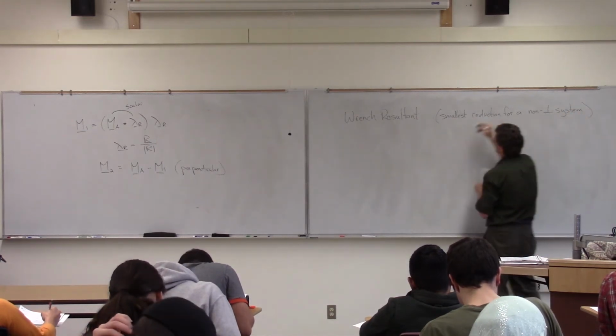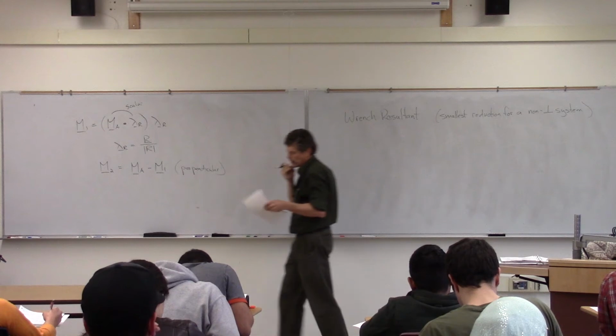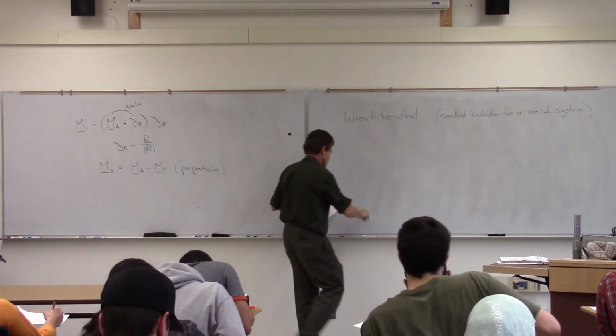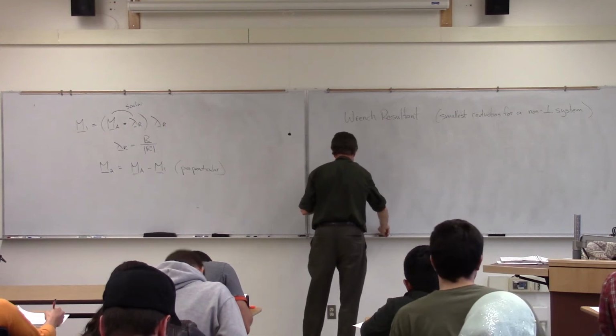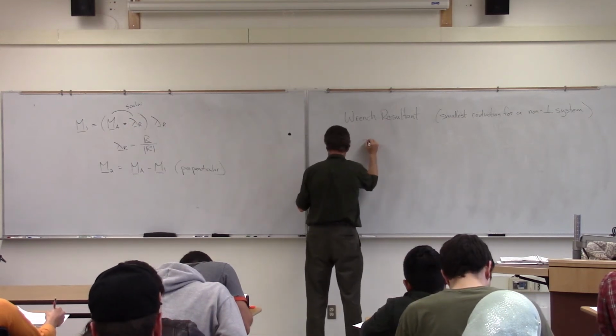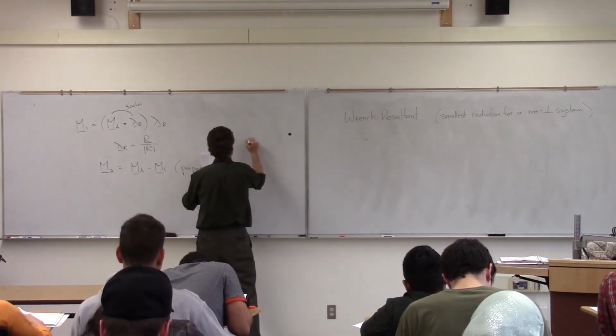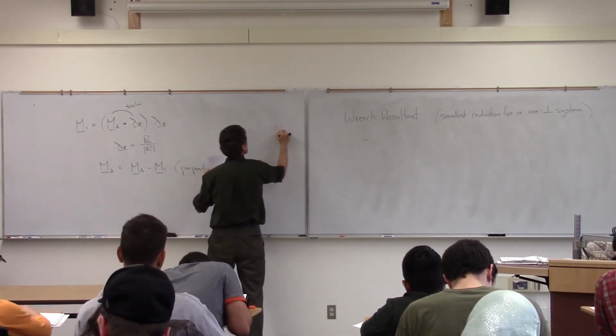And what we'll find then is this is the smallest reduction we can do for that. And I think I'll draw my picture up here. This is the same picture you have, but just so we can talk about it.